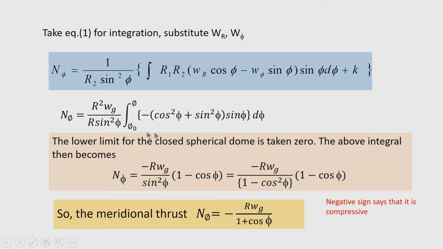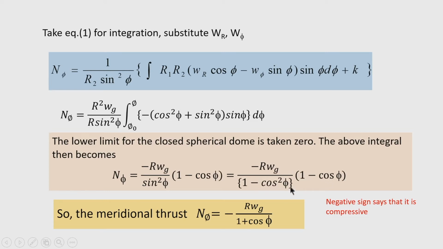So, after substituting the limit in the integral, we get n phi equal to minus r w g divided by sin square phi into 1 minus cos phi. This expression can be simplified. The sin square phi can be written as 1 minus cos square phi, and the numerator is already 1 minus cos phi.